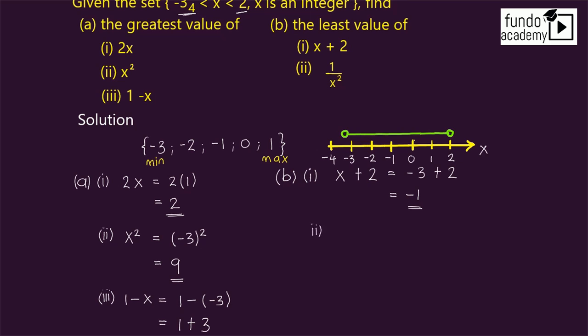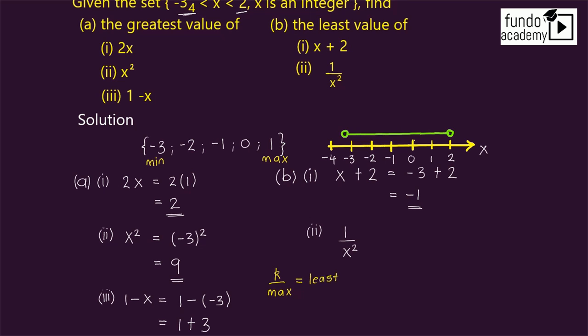And for B part 2, we want the least value of 1 over x squared. When we have a constant over x squared, where x is any value within our set of integer values, you need to know that when we divide a constant, like 1, by the greatest value, what we get is the least value.